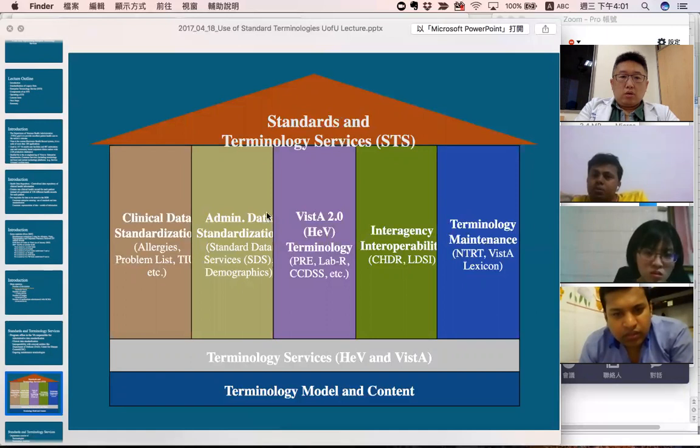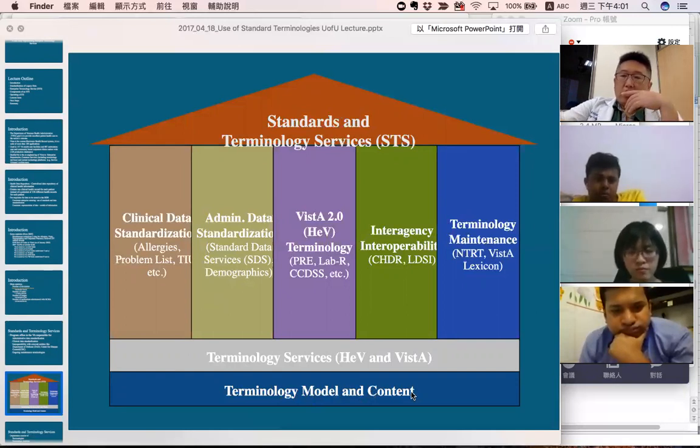Okay, so you can see that from the bottom to top, the bottom is the terminology model and the content. The content is all the vital signs, clinical data, all the information from the patient.